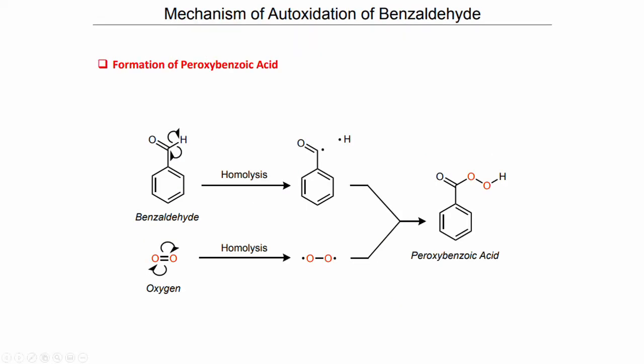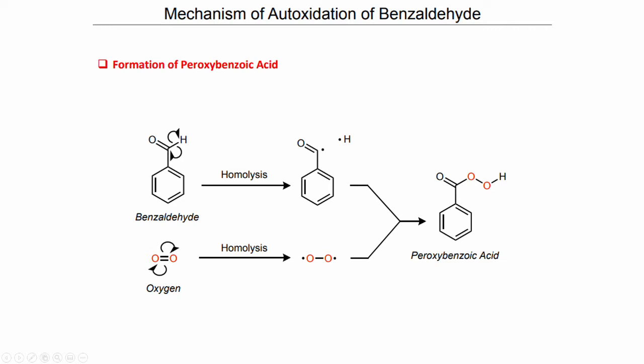So I just want to go over the mechanism of how autooxidation occurs with benzaldehyde. It first begins with the homolysis of benzaldehyde and oxygen, where benzaldehyde produces a single radical, and oxygen will be a biradical or a diradical.